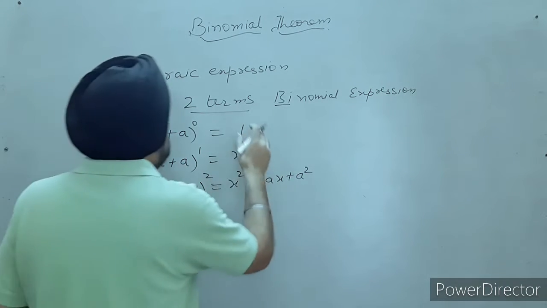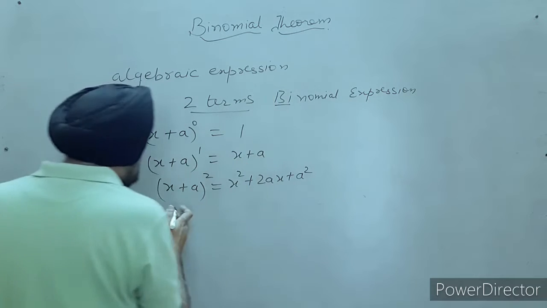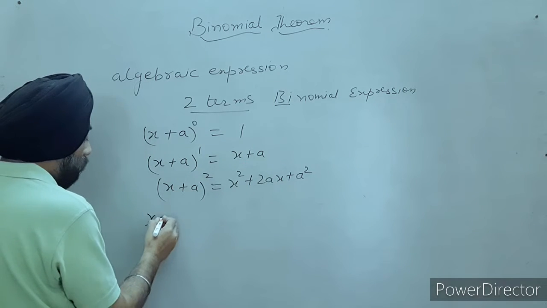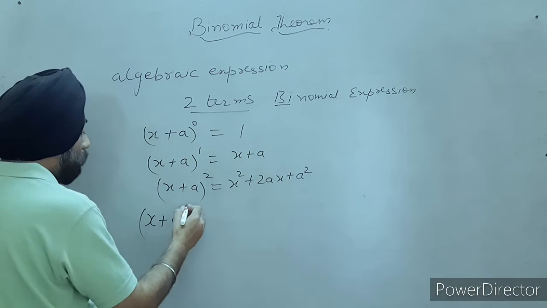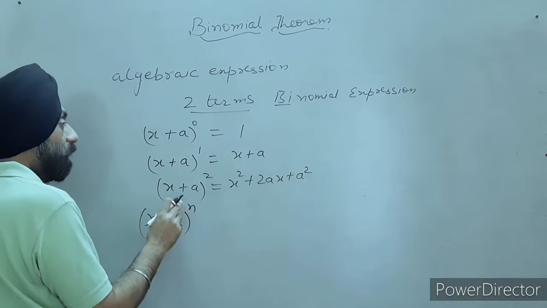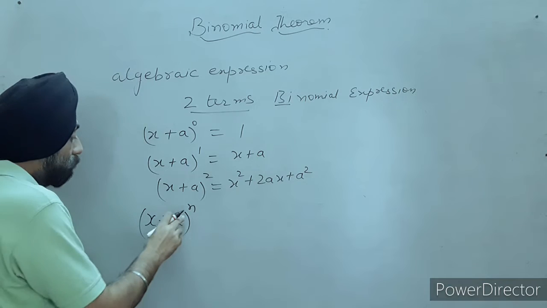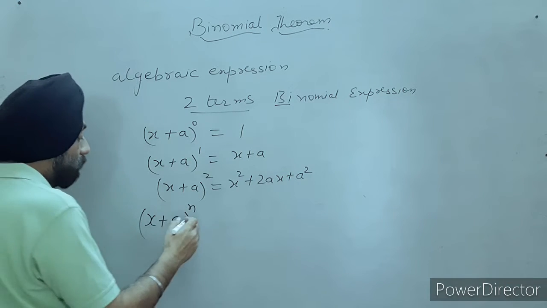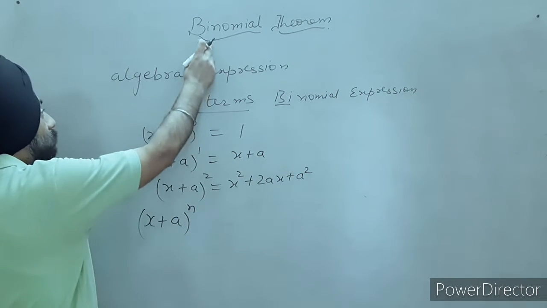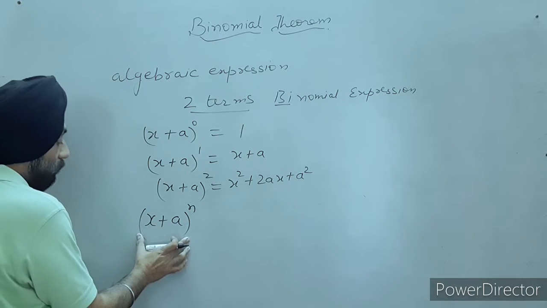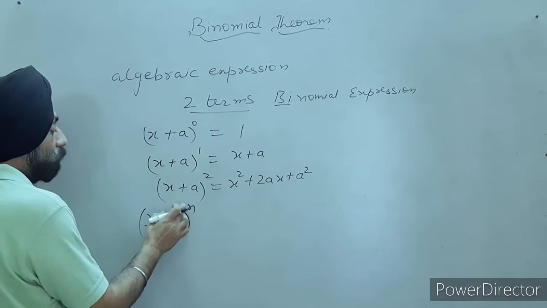Now, this binomial theorem is used to expand x plus a raised to power n, where n is any positive or negative number, right? It is called an index. n is the index.